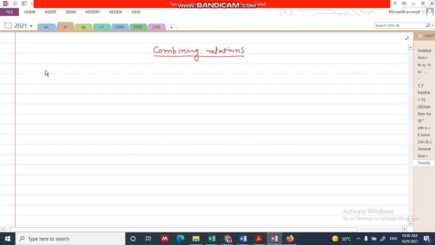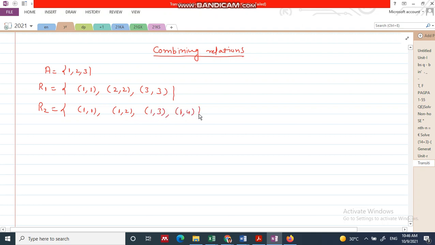Okay. So suppose that we are given a set {1, 2, 3}, and R1 is the relation given like this: (1,1), (2,2), (3,3), and R2 is the relation given like this: (1,1), (1,2), (1,3), (1,4).